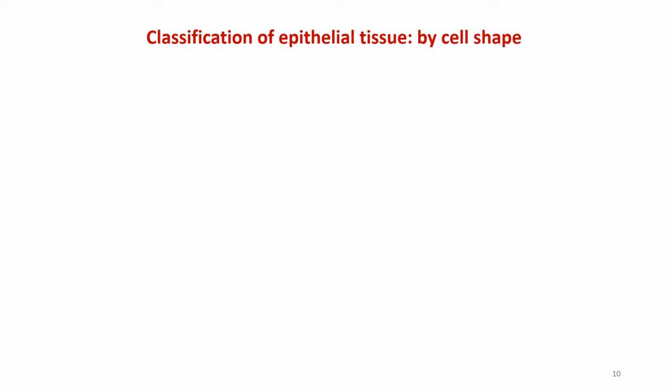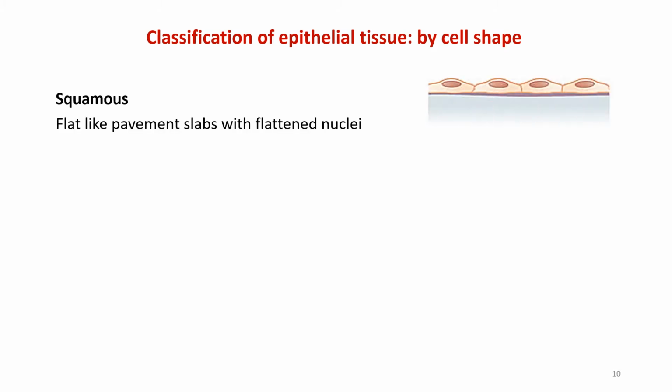So we've talked about characteristics. Here we're going to talk about classification. The first way to classify it is by cell shape. So squamous epithelial cells are flat, like pavement slabs, and because they're flat, they've got flattened nuclei.